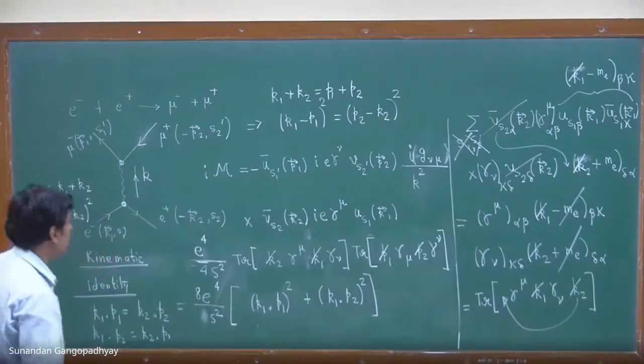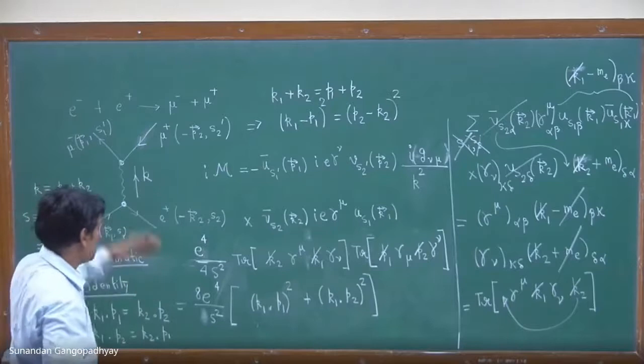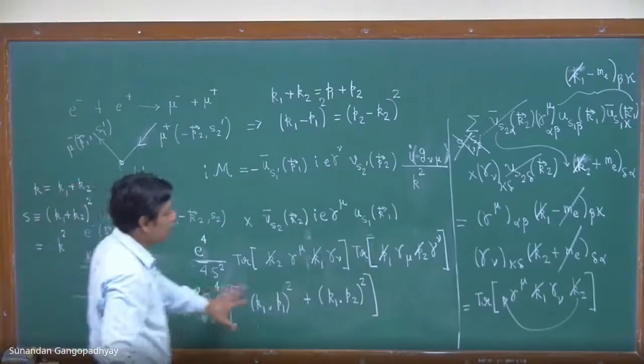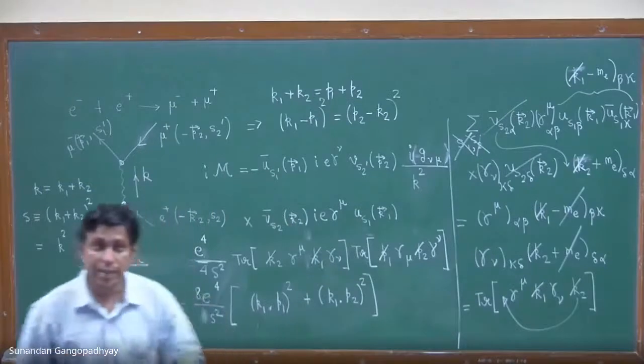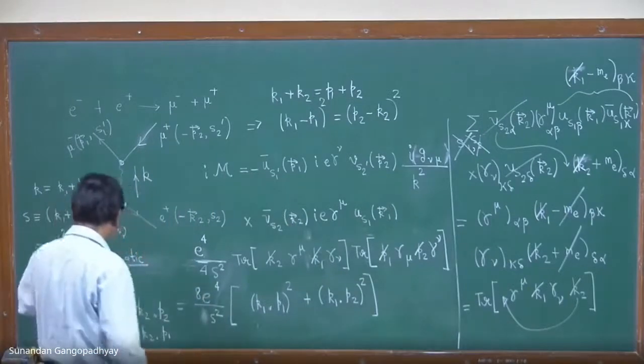Okay. So now we shall calculate this expression. So this is the final expression that you have. Now we shall go to the center of mass frame. Let us go to the center of mass frame.